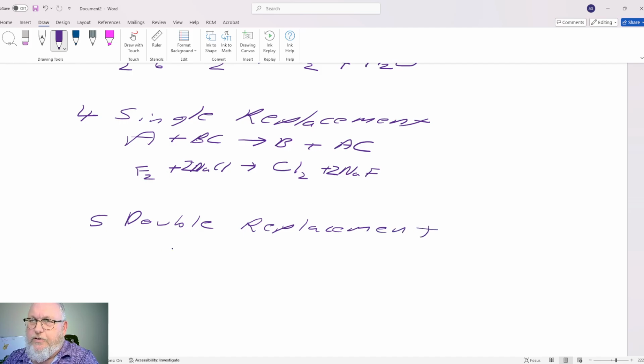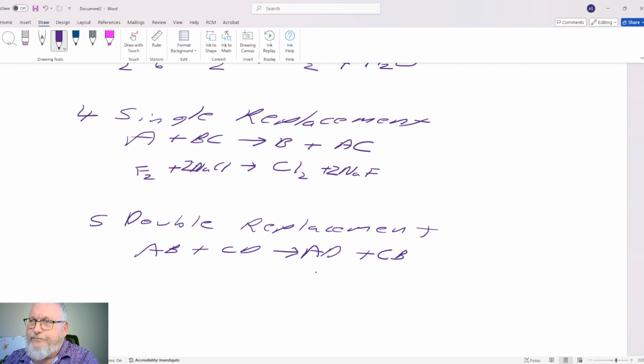Now this is going to take this form right here, AB plus CD, all right, and the A replaces the C, so it would be AD, and the C replaces the A, CB.